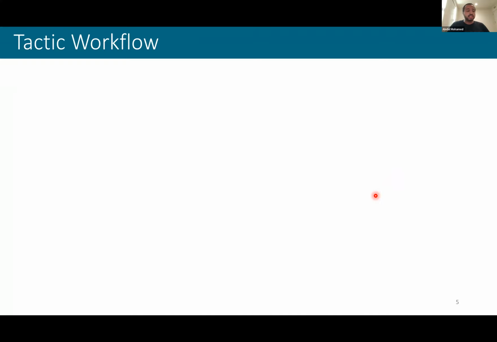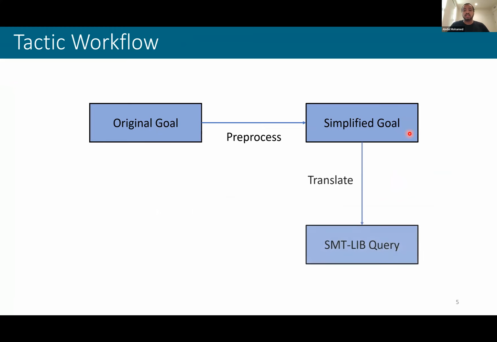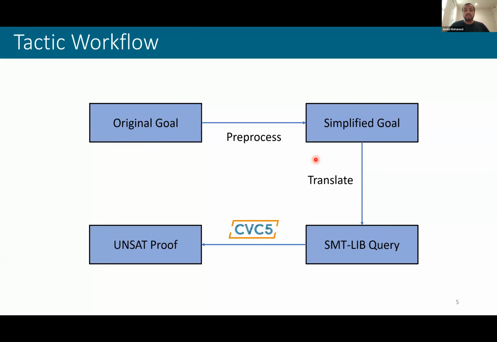To talk about this in more detail, we start with some goal in Lean, and we first go and preprocess this goal to simplify it such that it's in a logic that's close to the one accepted by SMT solvers. We then translate this goal into an SMT-LIB query. We send this SMT-LIB query to CVC5.